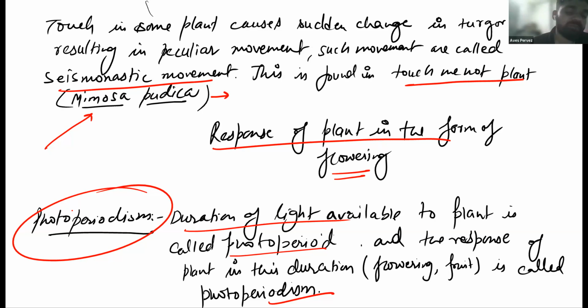So what is photoperiodism? The duration of light available to the plant is called photoperiod, and the response of the plant in this duration, in the form of flowering and fruit, is called photoperiodism. Got it?